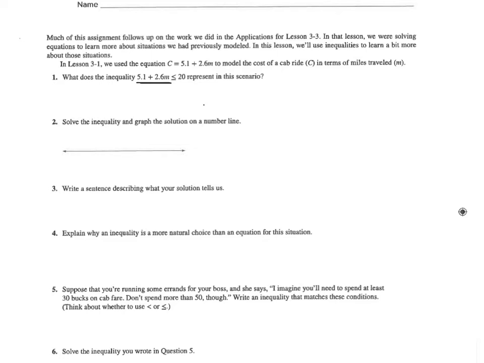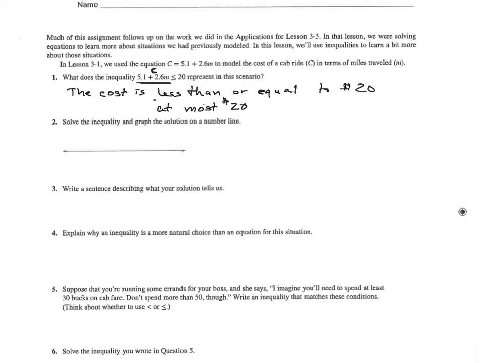Remember, this was the cost for that cab ride. So we're saying the cost is less than or equal to $20. The other way we could say this, it is at most $20.